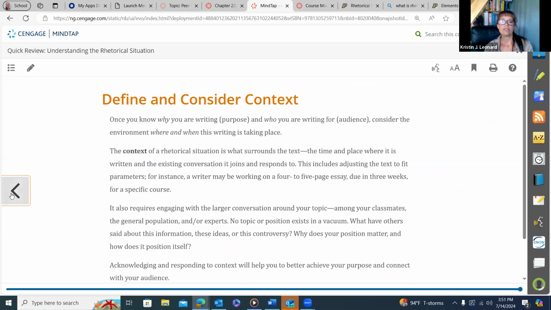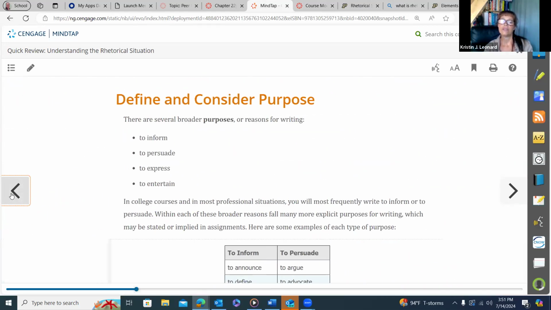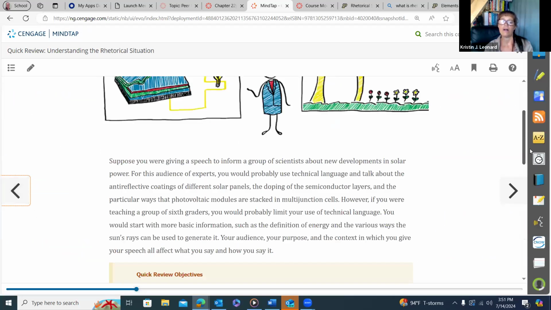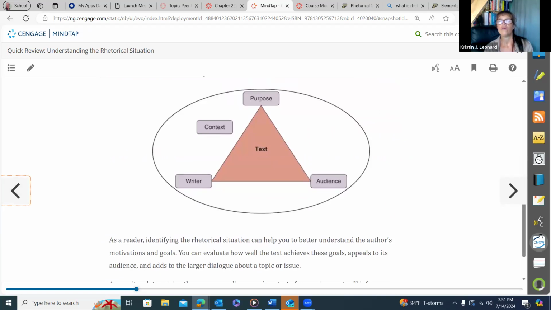All right, so let's go to a visual representation of this. I think this explains it very, very well. We have right here the rhetorical situation. This is a wonderful visual graph. You can see right there, the text is in the center. That's me talking to you. That will be your research essay, your research paper, or that will be your persuasive argument.